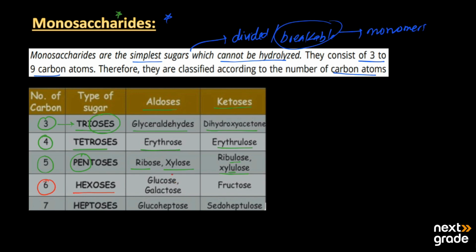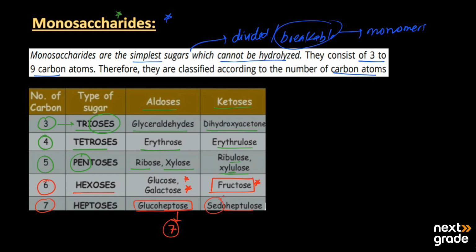In the aldoses type we have glucose and galactose, and the one ketonic sugar is fructose. If 7 carbon atoms are present, then it is known as heptoses, and in its aldoses type we have glucoheptose. The word heptose means 7 carbon atoms are present in it. And in its ketoses type we have pseudoheptulose.